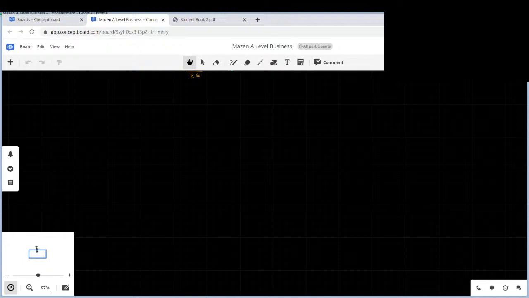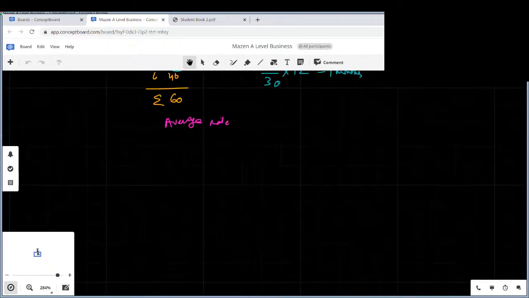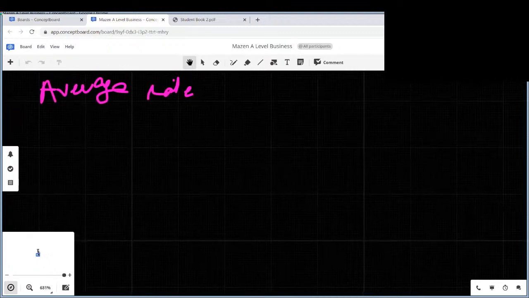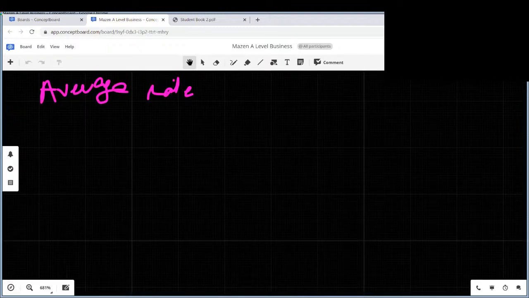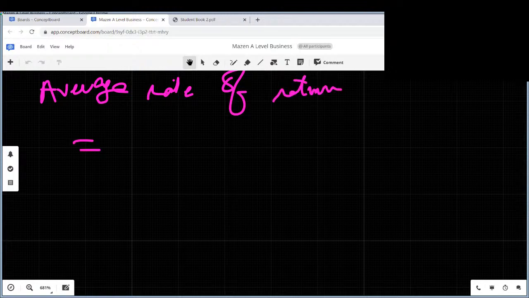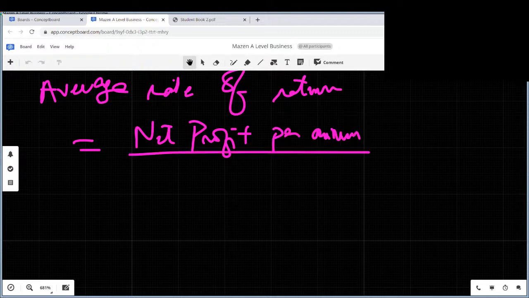So for average rate of return, average rate of return is equal to net profit per annum over capital outlay.